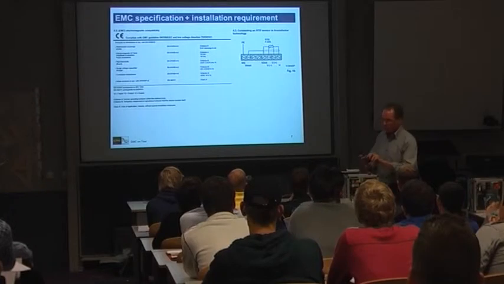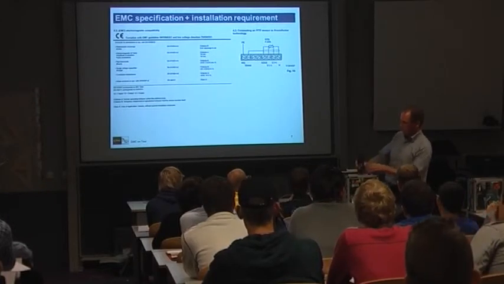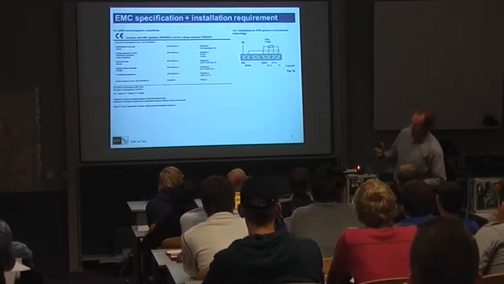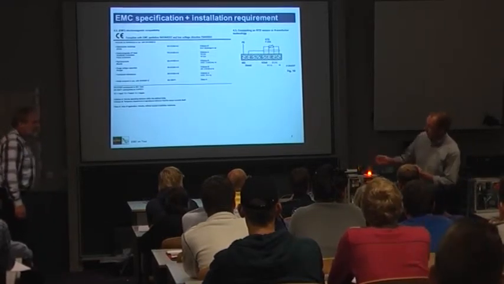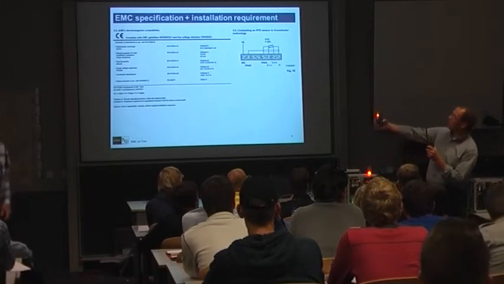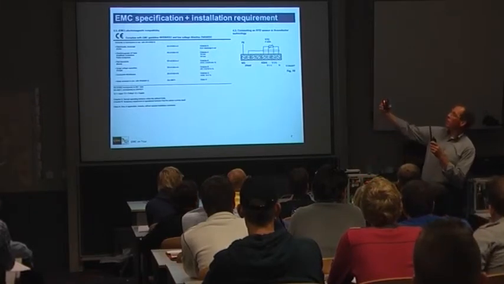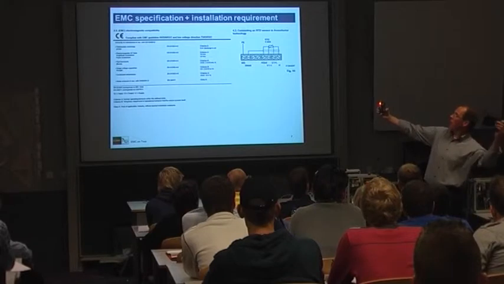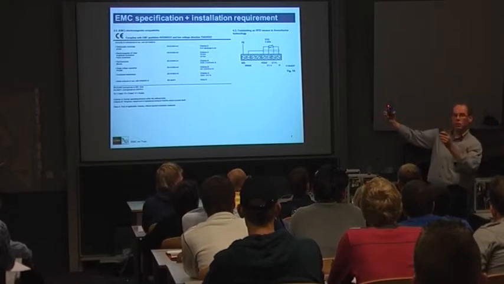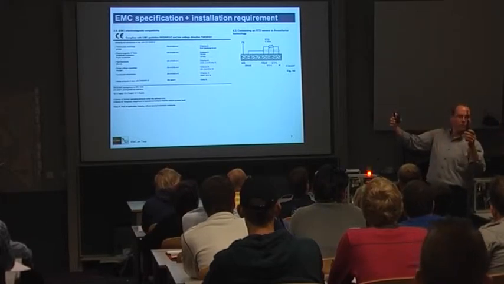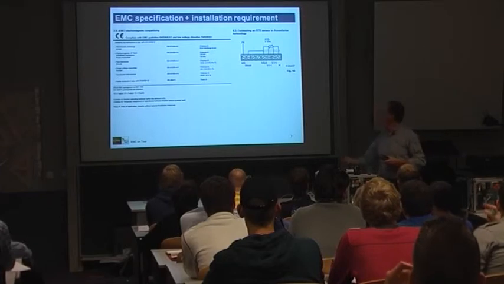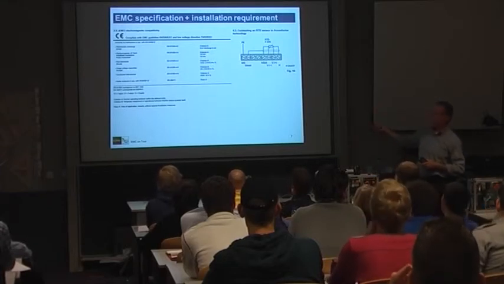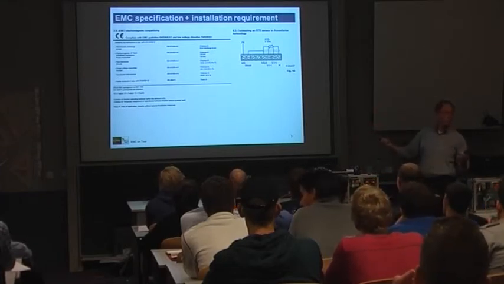I've got my more or less scientific field strength meter, and when I push the button, when it goes to the red level, then it's actually 10 volts per meter. If it's yellow, it's 3 volts per meter. But actually I'm producing quite some field here. So this is close to or even above the limit where it is tested. So this is what we expect.